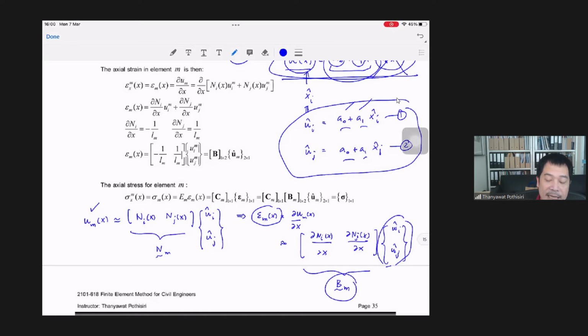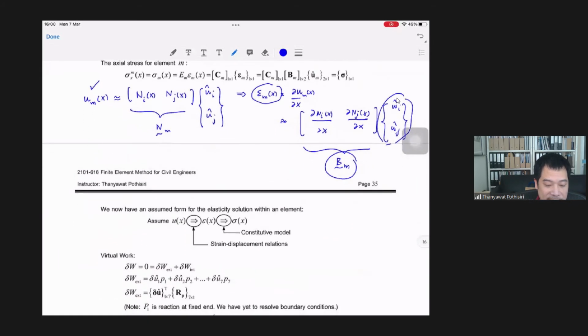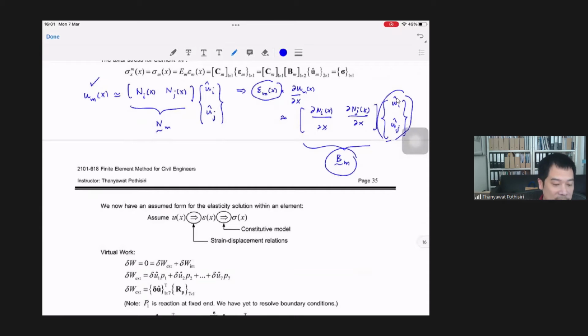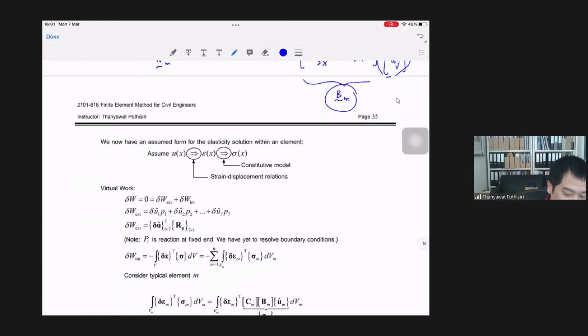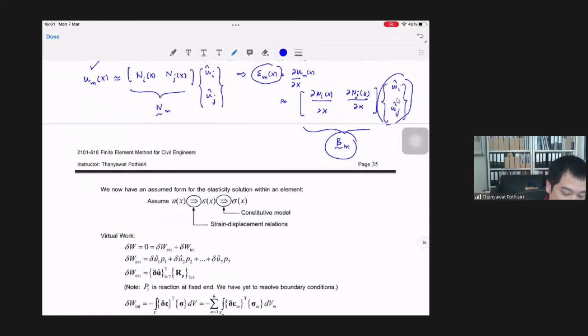So with matrix B in hand, if I want to compute the element stiffness matrix, how can I do that? The element stiffness matrix in this case, I follow the procedure that I have previously.